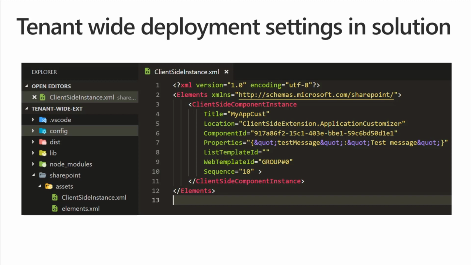Well, technically, in this case, if we have a look at what we have here, we're saying that this application customizer should be activated on every single group associated theme site, because we're filtering this one to a web template with a web template ID GROUP#0. So that would mean that this is only activated if it's a group associated theme site.